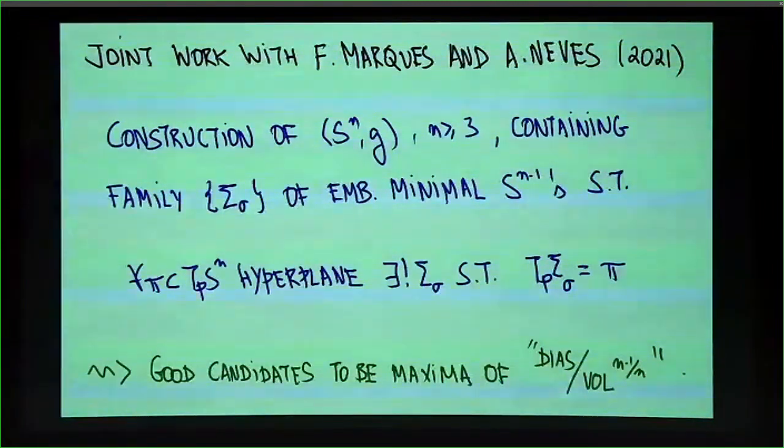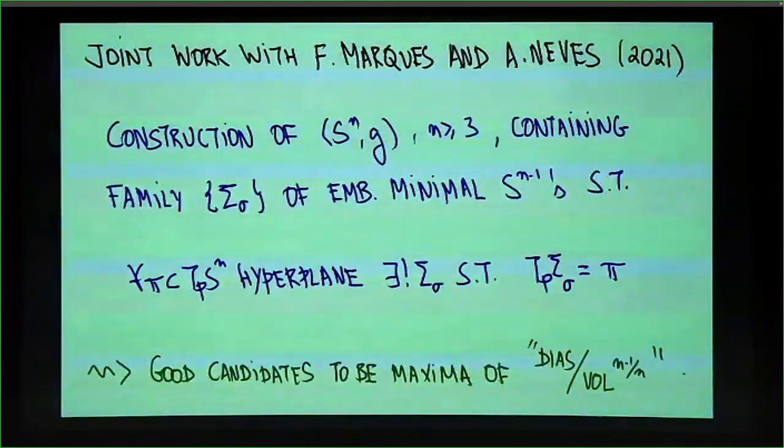My most recent work, the aim of the work was to construct examples of Riemannian n-dimensional spheres containing families of embedded minimal hyperspheres, codimension 1 spheres, that are all minimal with respect to that metric, and I want also this family to have this property.